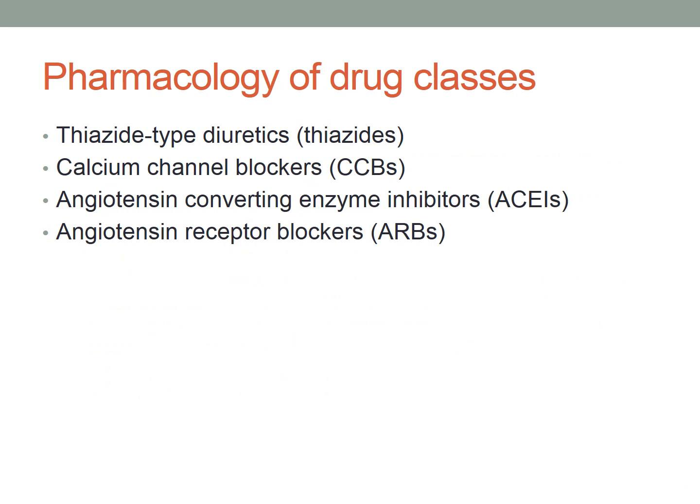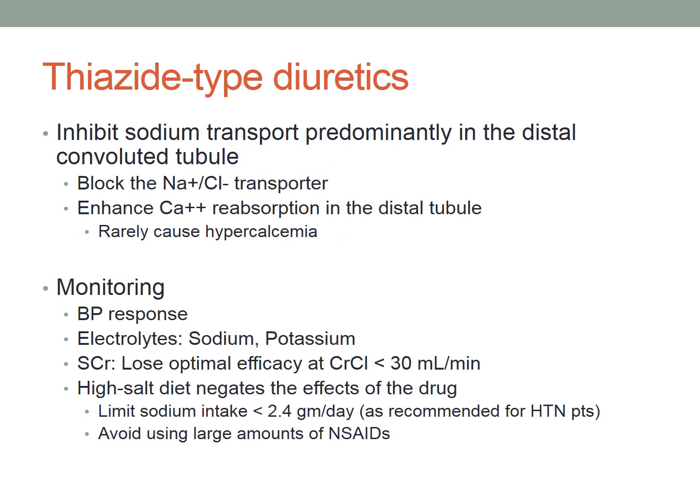Okay, so let's talk about these 4 drug classes a little bit more in depth. Thiazide-type diuretics decrease blood pressure by decreasing blood volume, by inhibiting sodium transport, predominantly in the distal convoluted tubule. They block the sodium-chloride transporter, and they enhance calcium reabsorption in the distal tubule.